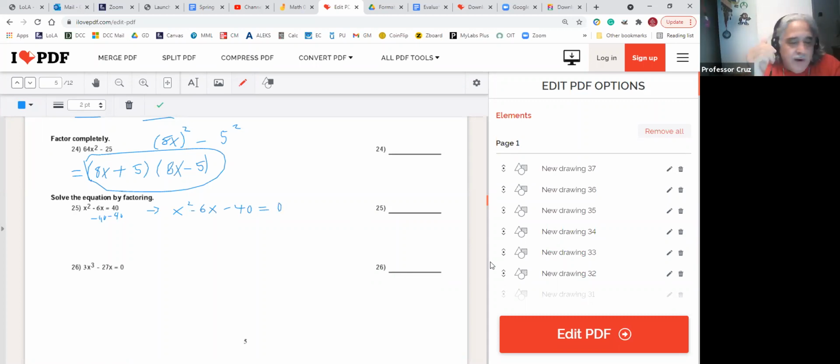Okay, and then we're going to factor it. We have to find the factors of 40 that have a difference of 6. So it's going to be x minus and x plus something. Factors of 40 that have a difference of 6 are 10 and 4.